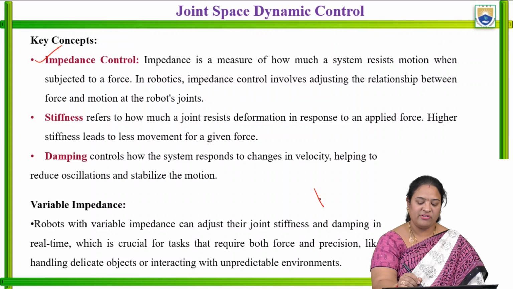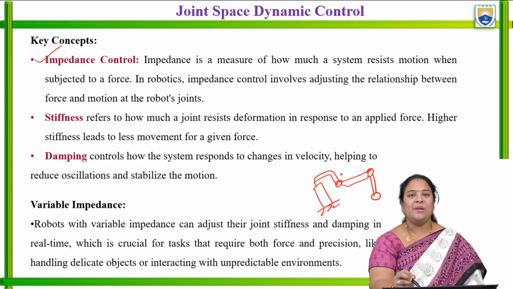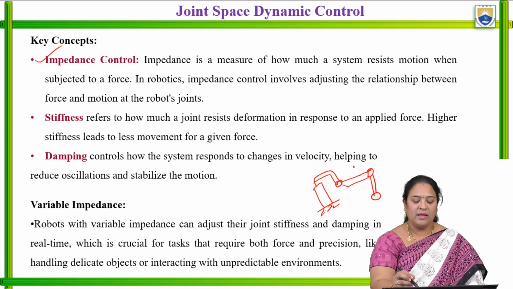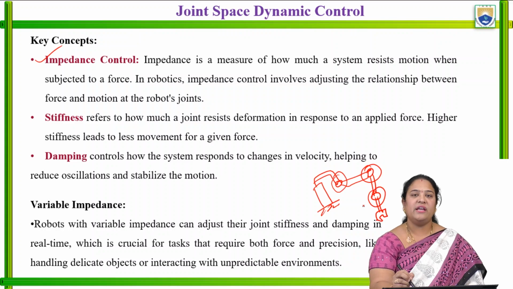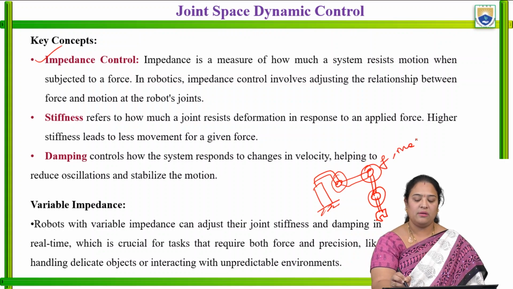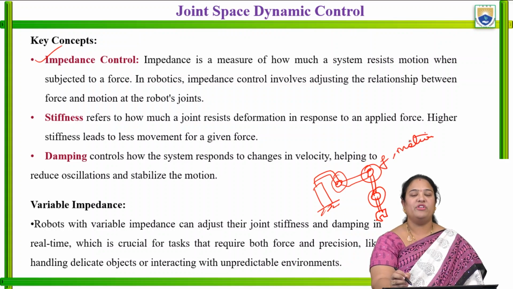For example, we have a robot here which has been fixed at one end, and this is joint 1, this is joint 2, and this is joint 3. With the help of joint space dynamics, or impedance control, we can have control on these particular joints, with respect to the force or the motion of the robot joint.